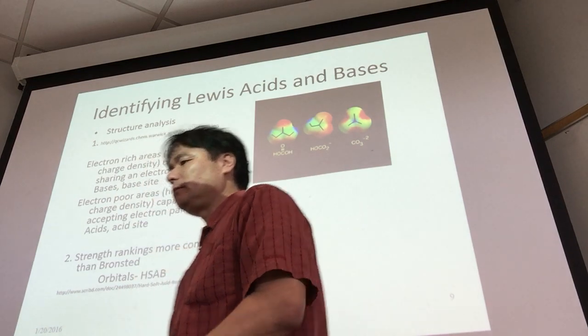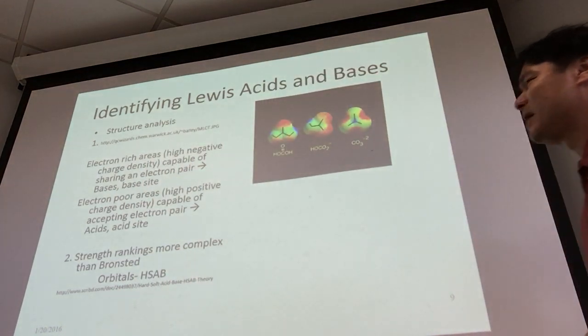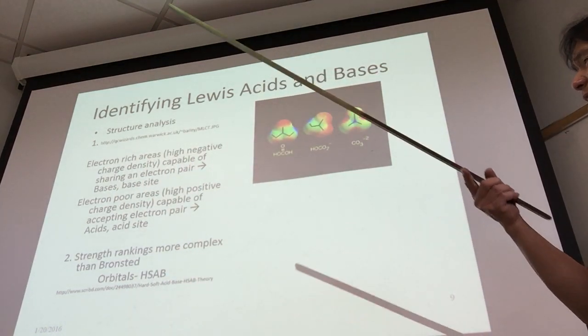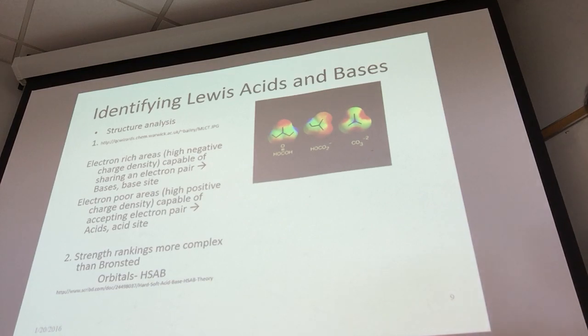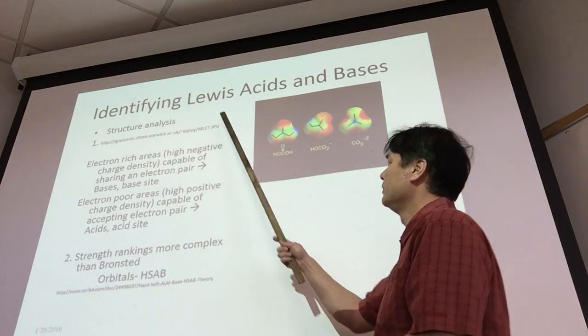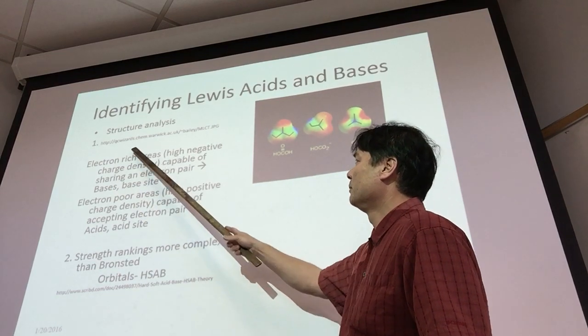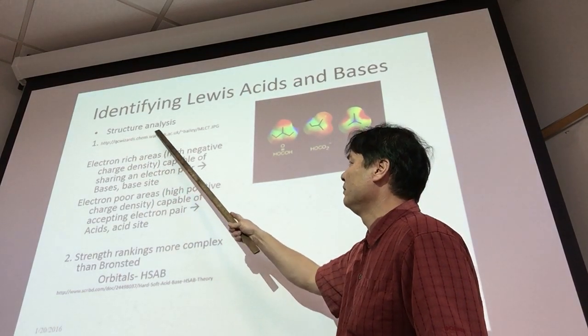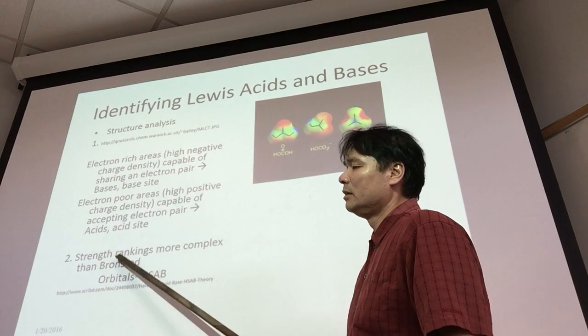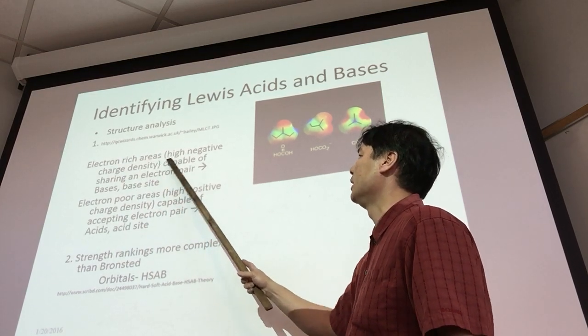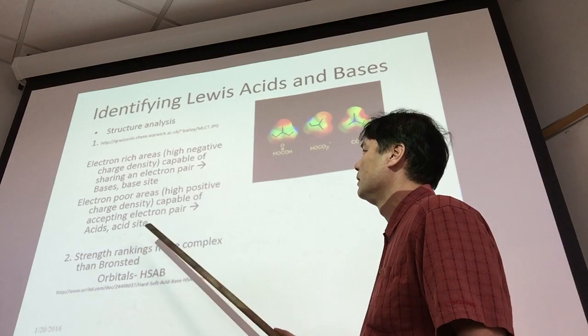All right. Identifying Lewis acids and bases is a bit more difficult than identifying Bronsted acids and bases. And so normally when we try to identify Lewis acids and bases, like BF3 being a powerful Lewis acid, we'll just look at its structure. And then what we do is we look for electron-rich areas, high negative charge density.